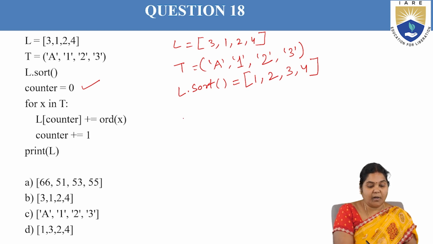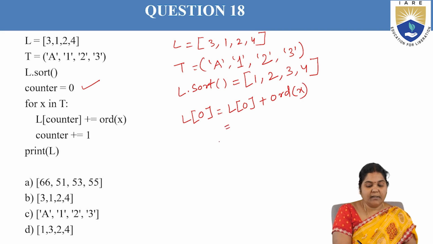L of counter. What is the value of counter? Counter is initially 0. So L of 0 is equal to L of 0 plus ORD of x. What is the value of L of 0? At the 0th index, we have 1. So it is 1 plus ORD of x.